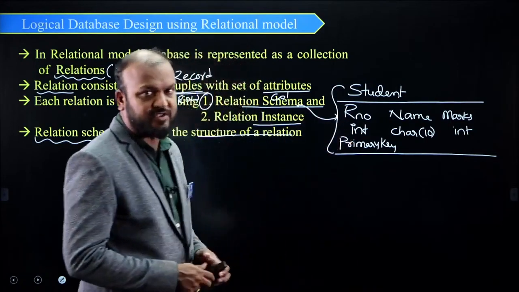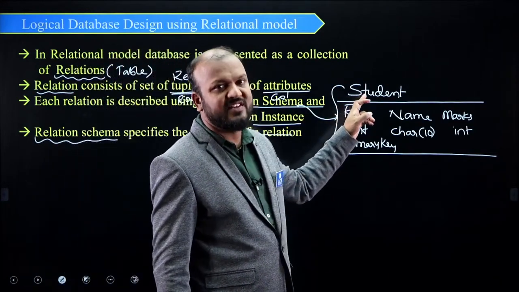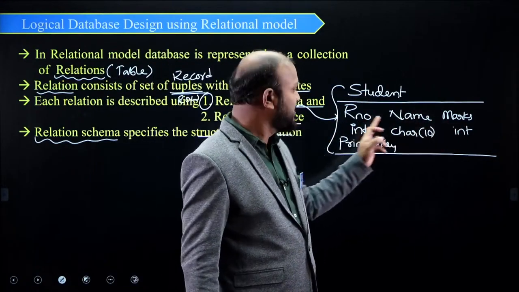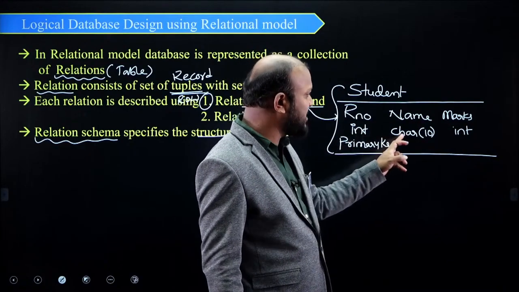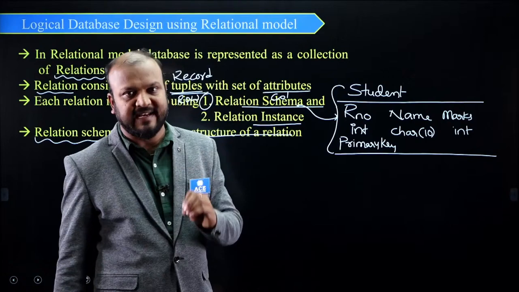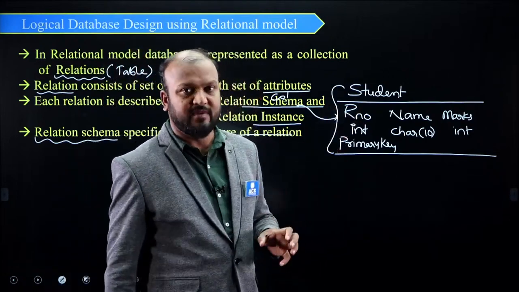Schema means structure. Now what is the schema specifying? The schema specifies the name of the relation, the attributes in the relation, and the domain of each attribute. So this is called int, char of 10; int is called the domain. Domain specifies the range of values, that is, what range of values are allowed in that particular attribute of a table.